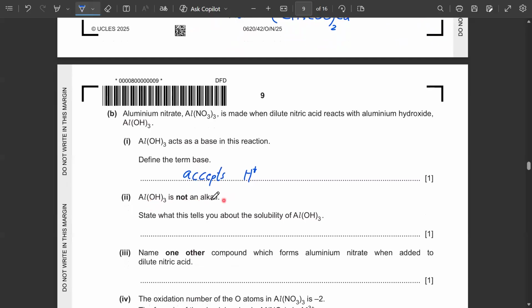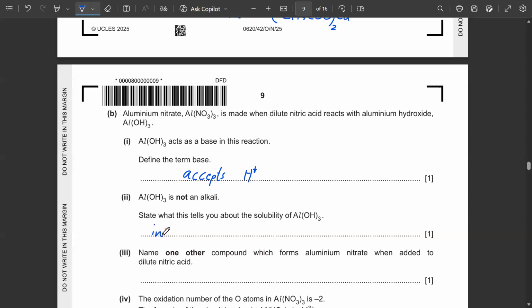Aluminum hydroxide is not an alkali. State what this tells you about the solubility of aluminum hydroxide. It means that aluminum hydroxide is not soluble in water. If it is not soluble in water, it means it is working as a base only, not as an alkali.